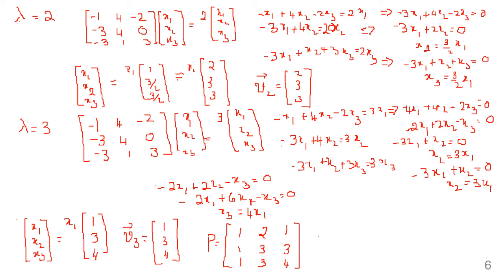The D matrix is given by, corresponding to first one is 1, 0, 0. Second one is 2. Third one is 3. This is the diagonal matrix.